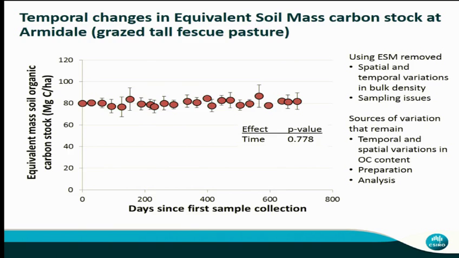So if the crew that had gone out had sampled it perfectly, the last graph would have looked like this. It still doesn't deal with the spatial variation in soil carbon content. It doesn't deal with the temporal trend. It doesn't deal with preparation and analysis. But it does help stabilize some of the variance that we would see due to the way the soils are actually collected out of the ground. So this particular one's at Armadale.